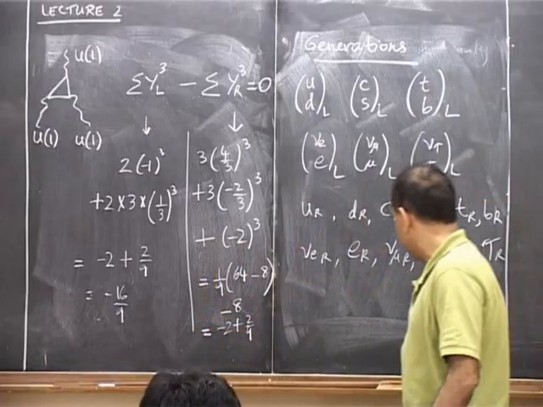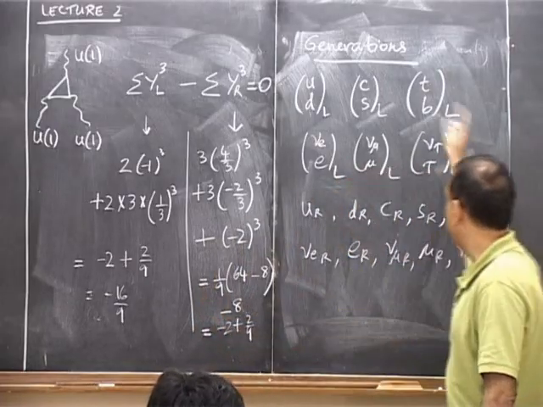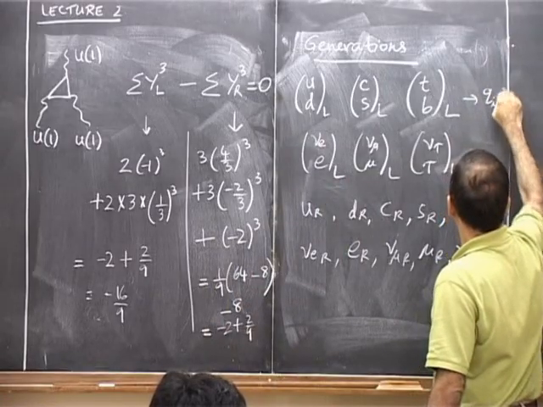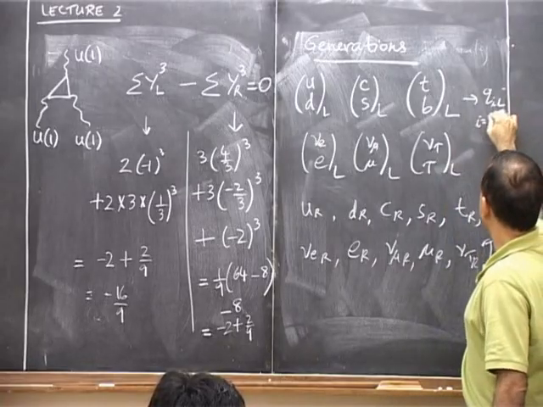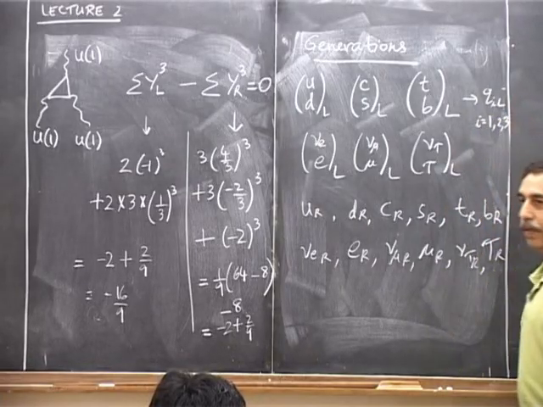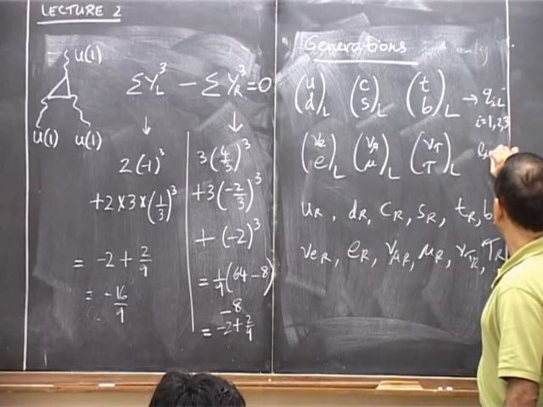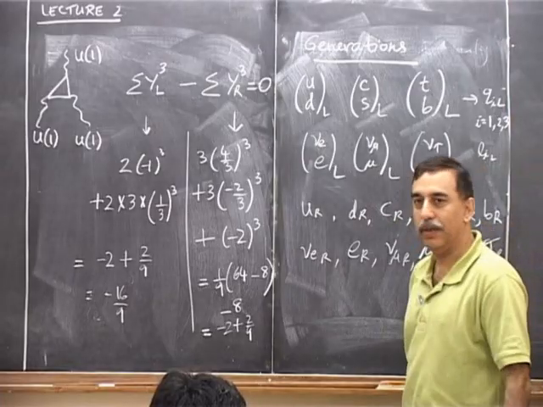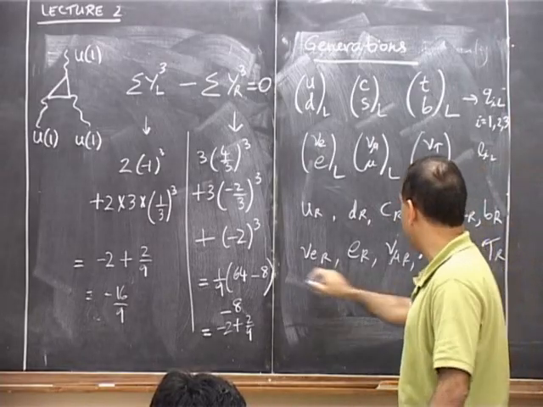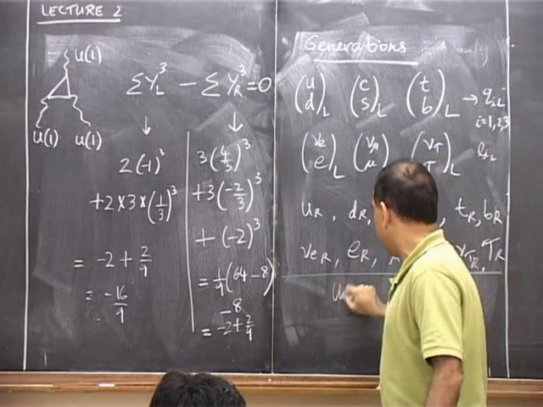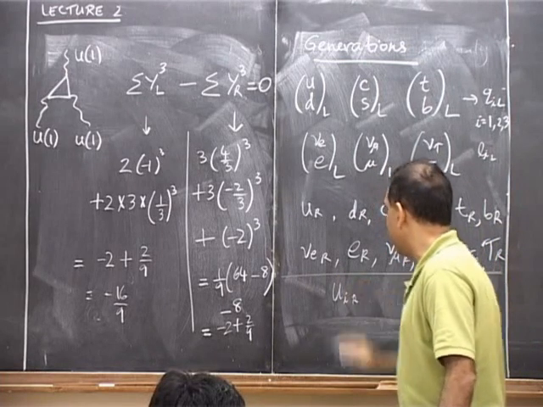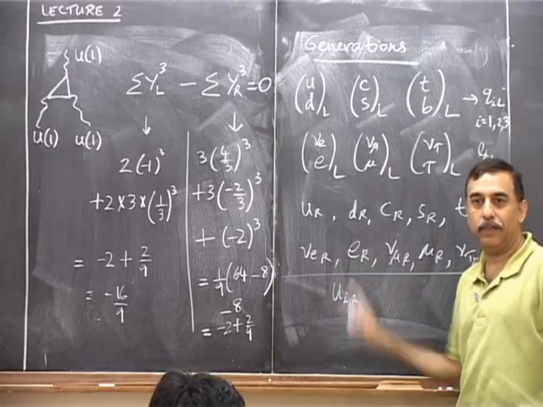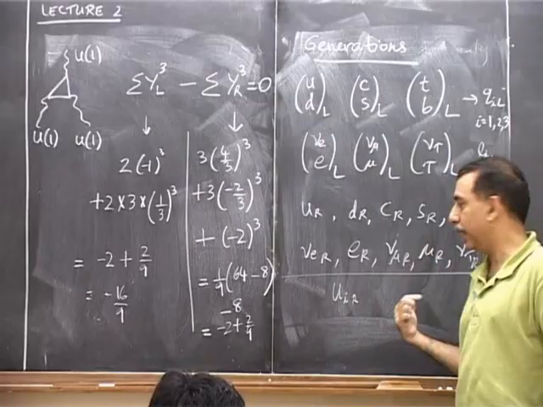Okay. Now with this, we obviously need some notation if we are not to keep writing all these things. So this whole set we'll summarize as Q_iL, where small i is a generation index 1, 2, 3. And these will be L_iL with the same index. And these similarly will have i, but the notation could be a little obscure, so you better get used to it. If I say U_iR, with the generation index, then it means the up type quark in the first, second and third generation, each of which is a right-handed singlet.